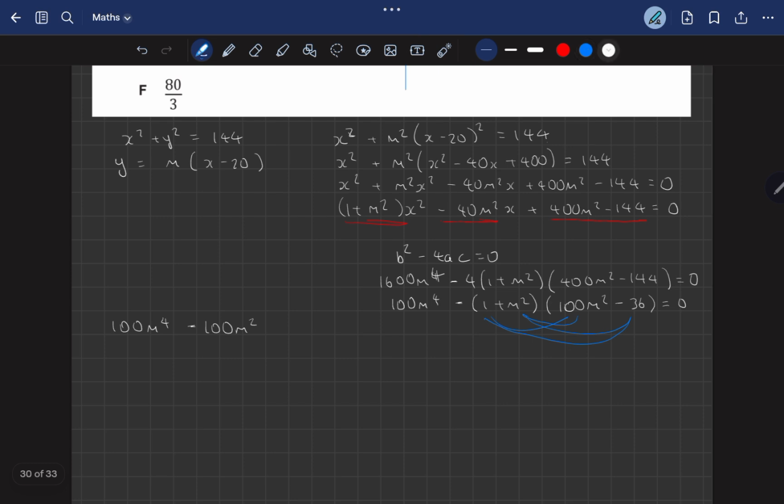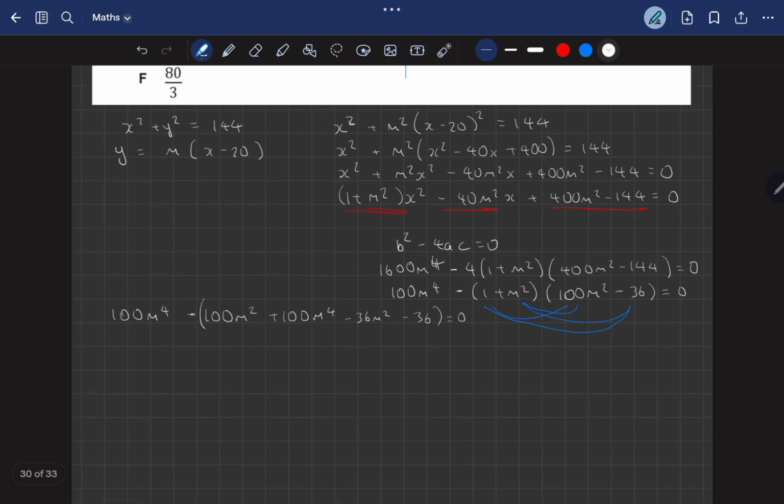Minus plus 100, plus 100 m to the 4, minus 36 m squared, minus 36 is equal to 0.